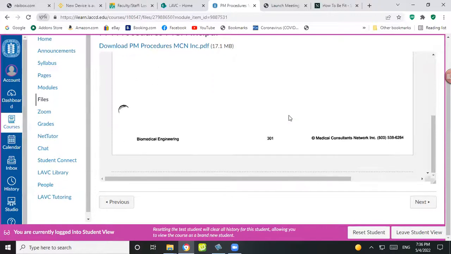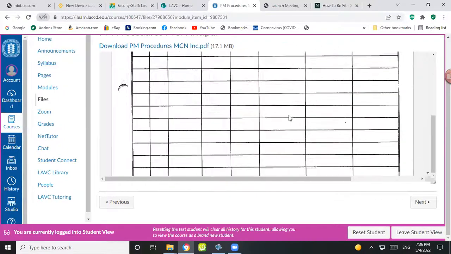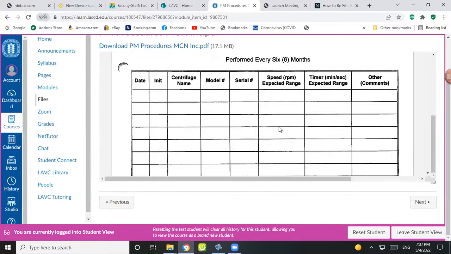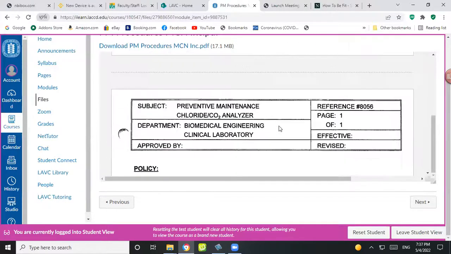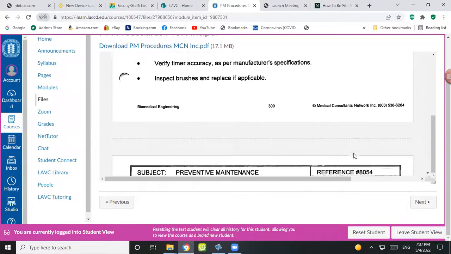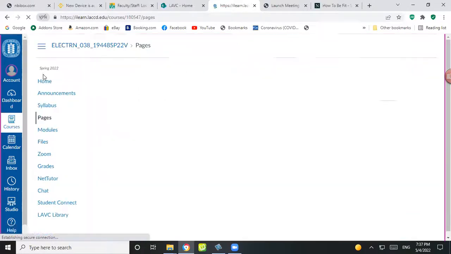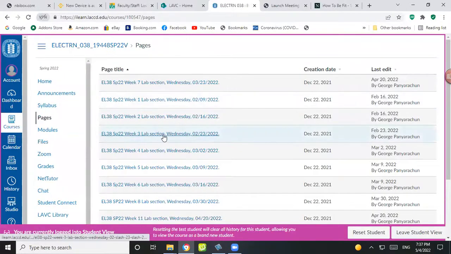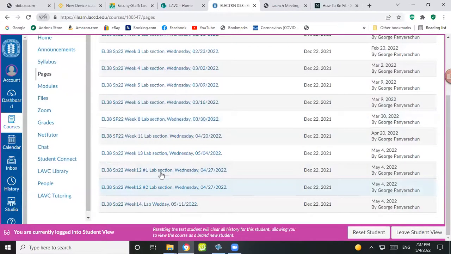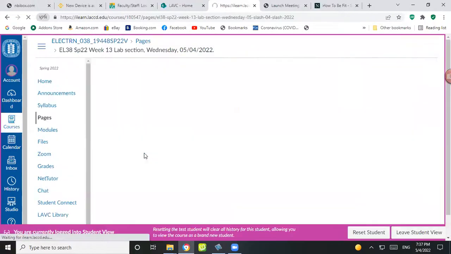We also have the maintenance log in here, for every 6 months or so. Many different types of equipment for the clinical lab are in there.